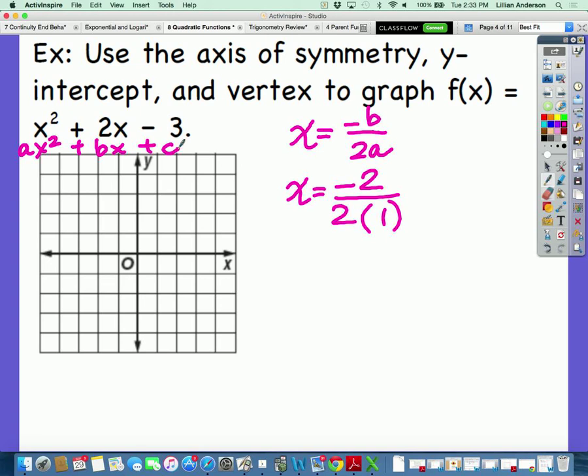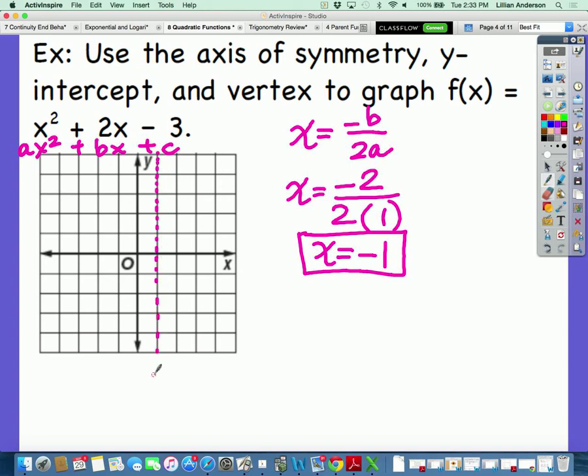Okay? So a is that coefficient, b is that coefficient, and c is that constant term. So my axis of symmetry is x equals what number? Negative 1. And it is x equals. Please make sure you're putting that x equals. I would hate for you guys to lose the points because you didn't put x equals. So I have some imaginary line that's cutting this parabola in half.